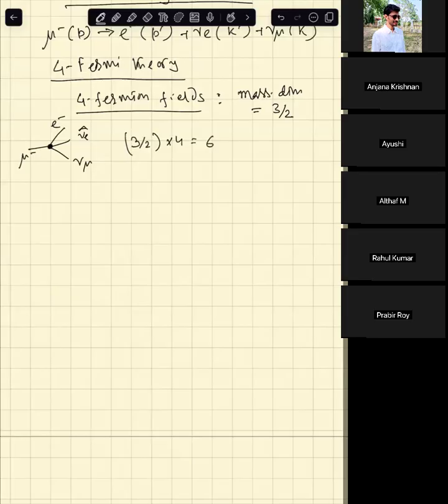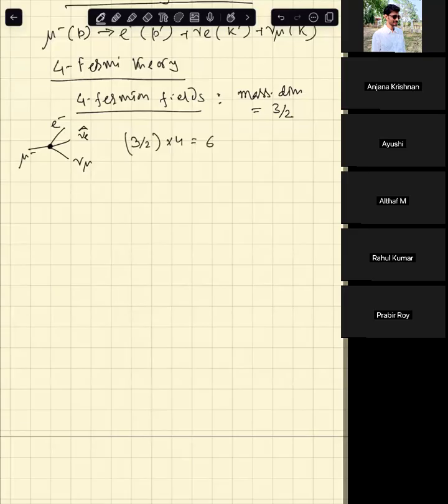Now we know that in 3 plus 1 dimensions in quantum field theory, we are restricting ourselves to dimension 4 terms, because as we have discussed earlier, naively, operators which have mass dimension more than 4 will be accompanied by couplings which have negative mass dimension, and those are difficult to renormalize. I will not say impossible, but it's difficult to renormalize, right?